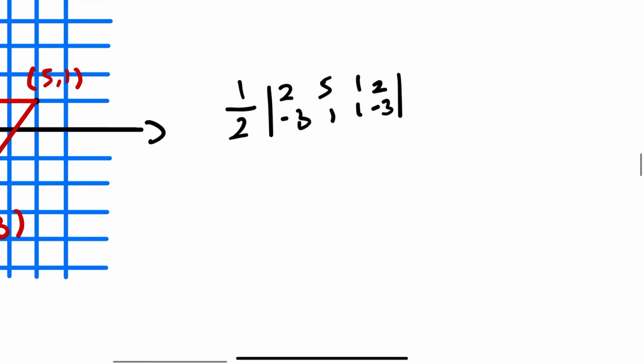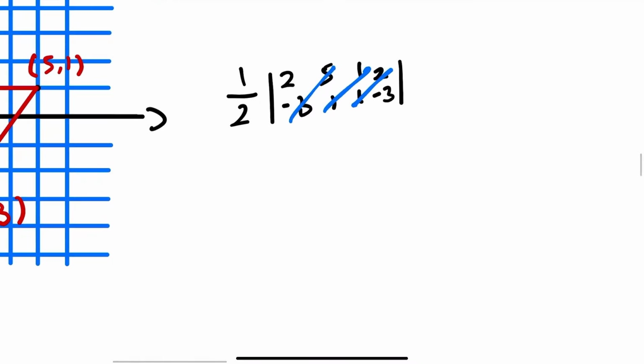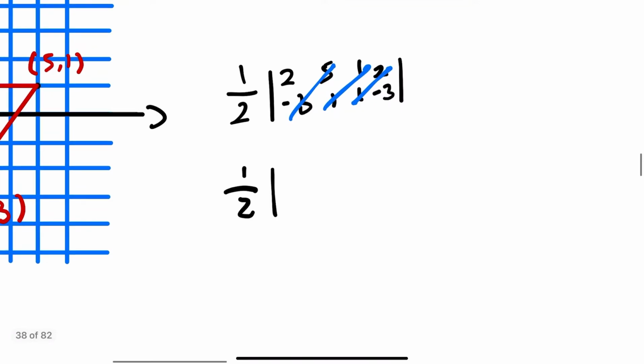And honestly, we can even start with this part first. So this time I'll start with this part. So, negative 3 times 5, negative 15. We'll just do addition. 1 times 1, 2 times 1.